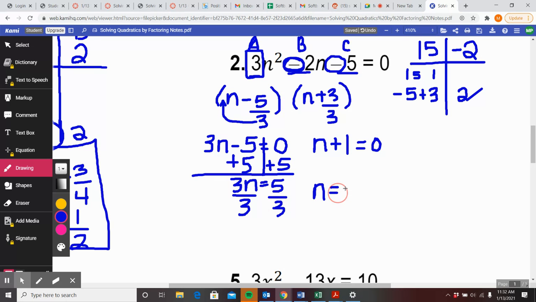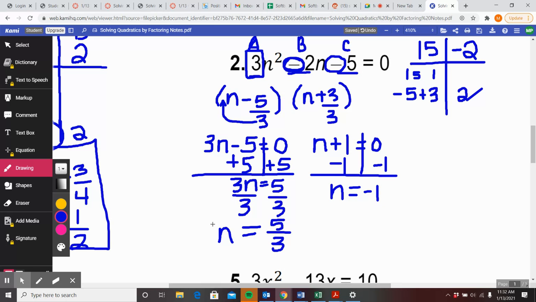So n equals 5/3. All right, and then on this one, it only has one step. What do I got to move? The 1. So this is n equals -1. So there's your answer. n equals 5/3, and n equals -1.